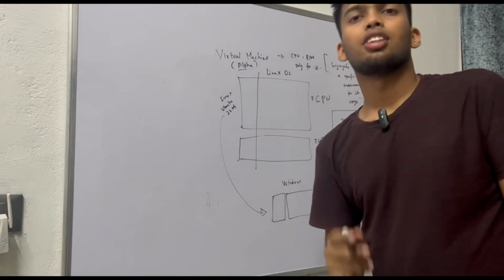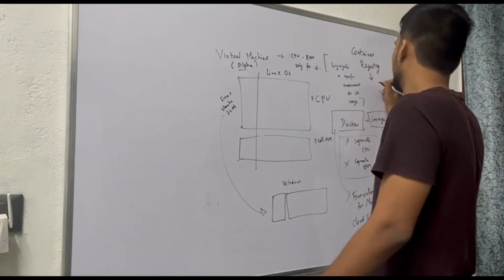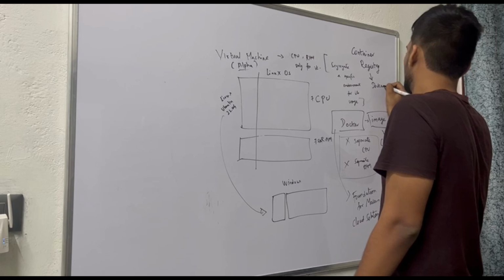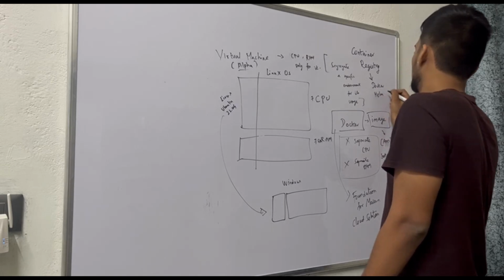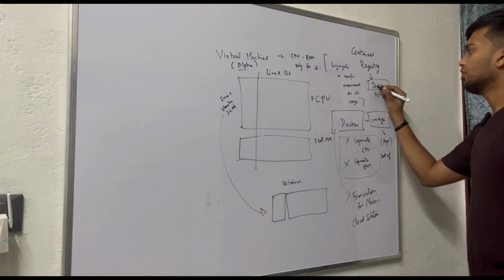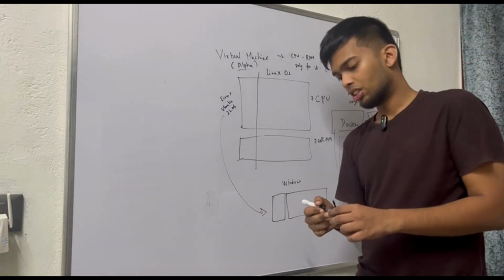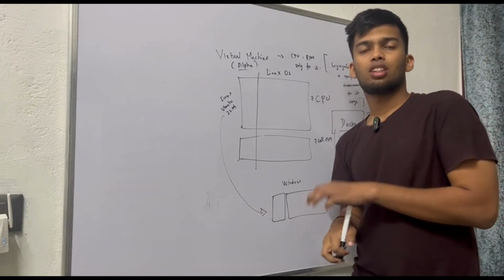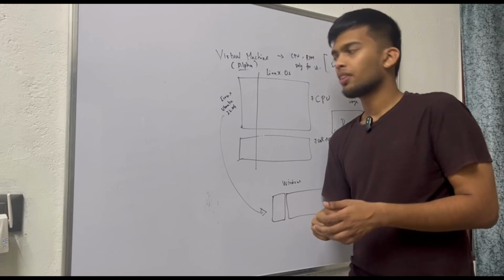Docker is one container registry. There are other options as well, like Helm. These are other competitors, but Docker is the predominant one. That's why most people consider Docker, and that's the reason why Docker exists in the first place.